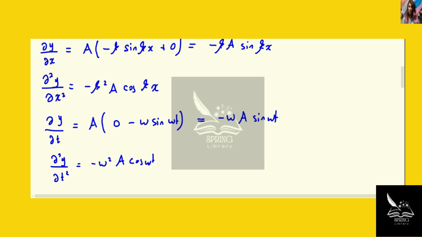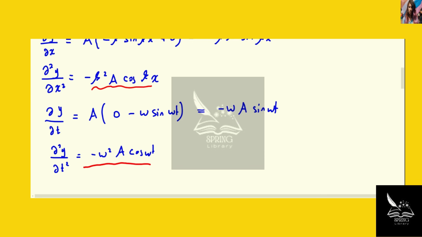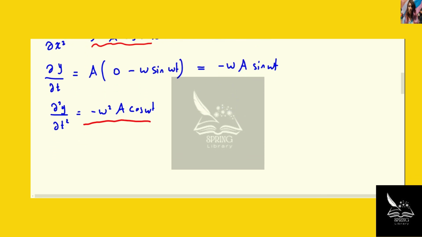And as we can see in both cases here, we did not end up with the original wave function as in the previous two wave functions, but we can still investigate if they satisfy the wave equation by taking the second derivative of the wave function with respect to time, multiplied by 1 over the square of the velocity.